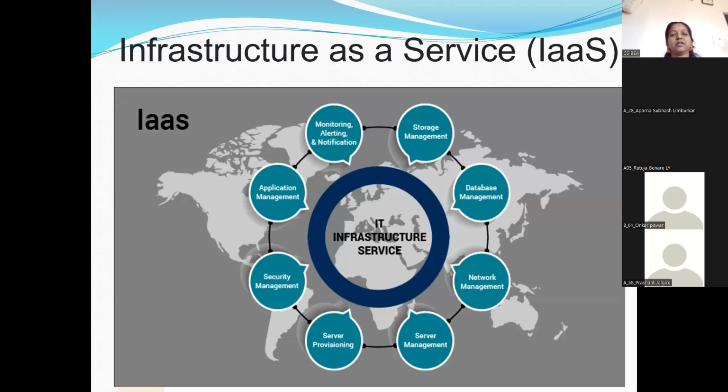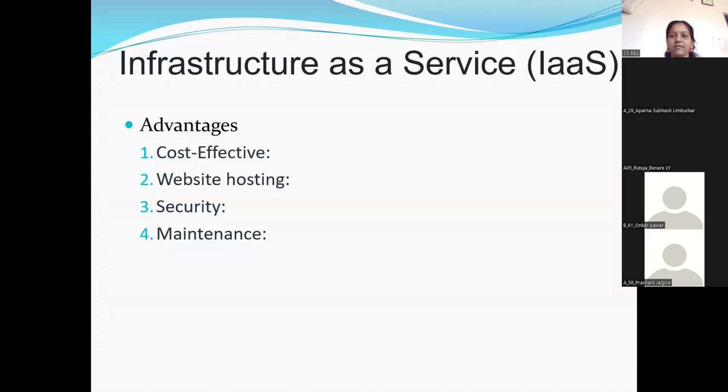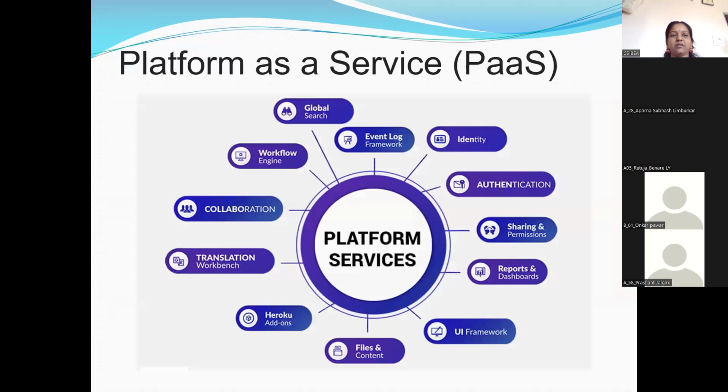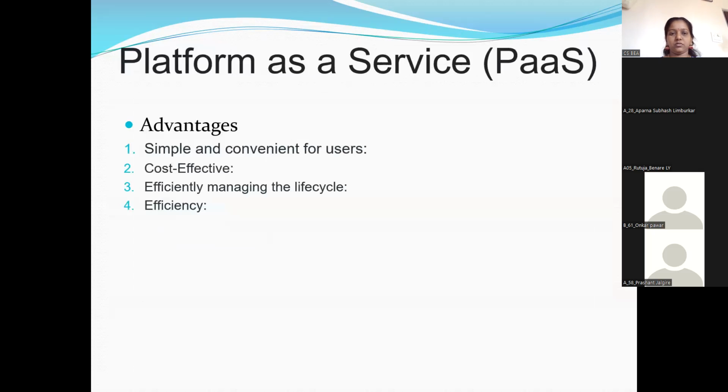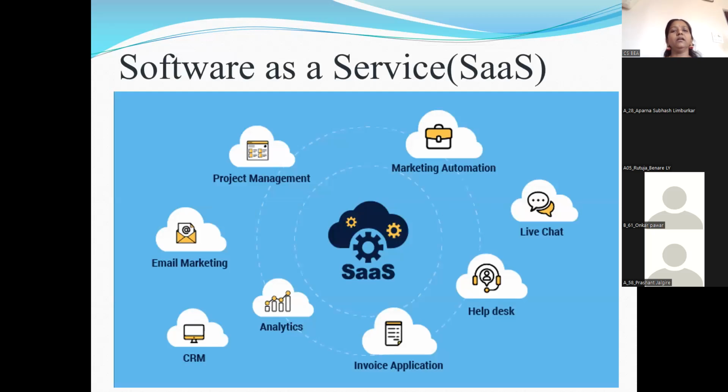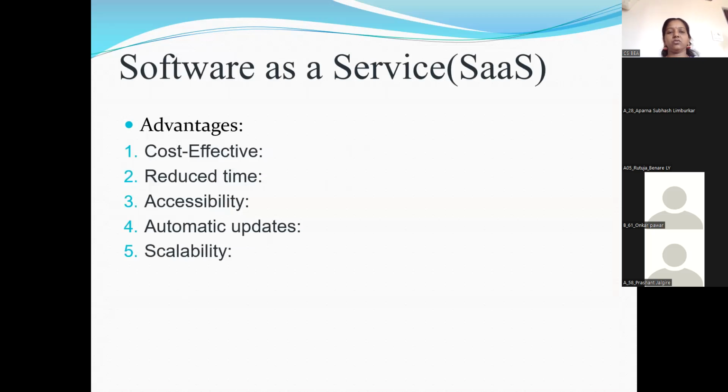Infrastructure as a service, its advantages: cost effectiveness, website hosting, security, maintenance, that part we have covered. Then platform as a service, PaaS: its advantages also we have gone through, like simple and convenient for the user, cost effective, efficiently managing the life cycle, efficiency, etc. And then software as a service, SaaS: its advantages, that is cost effectiveness, reduced time, accessibility, automatic updates, and scalability.